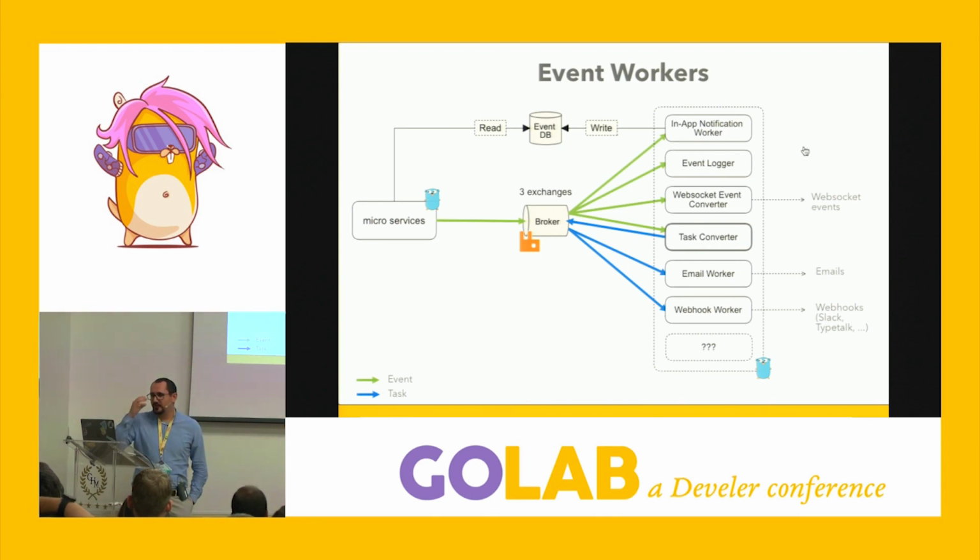The primary example is the in-app notifications, so you want to show something inside your own app. And the tasks are something that is related to the outside. So in this case, for example, emails or webhooks or tracking systems, whatever.